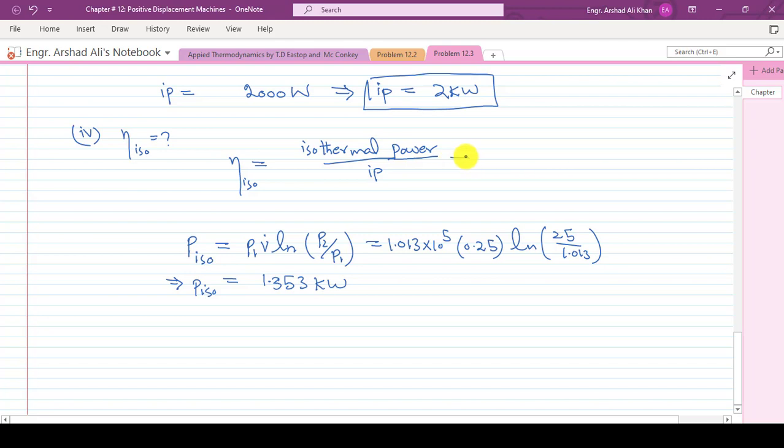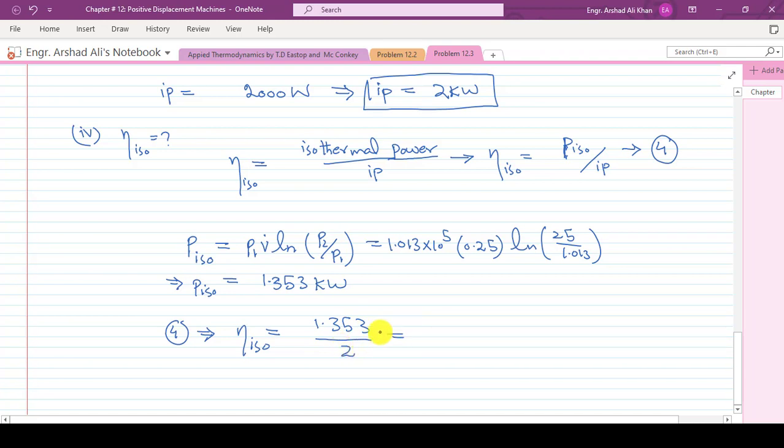So now we know about the two powers, that is isothermal power and indicated power. So putting the values in expression number 4, isothermal efficiency is equal to 1.353 over 2.